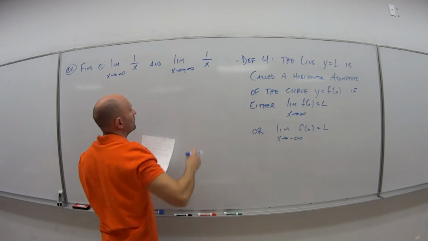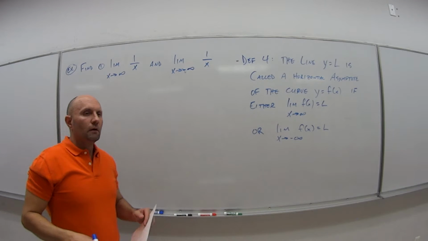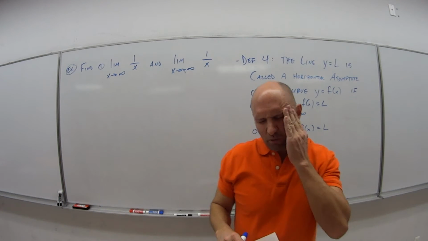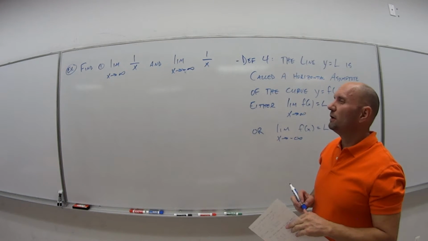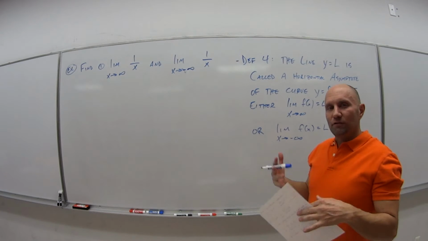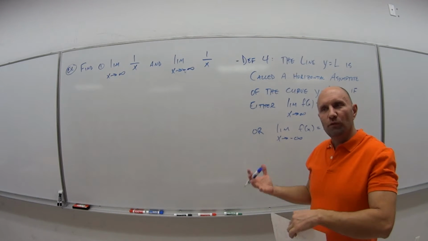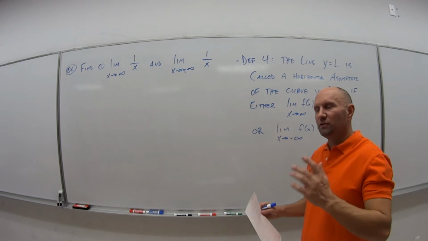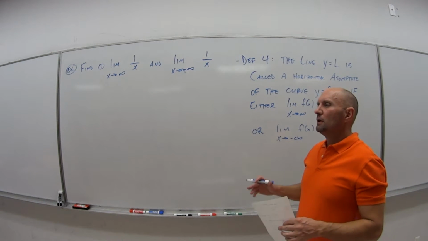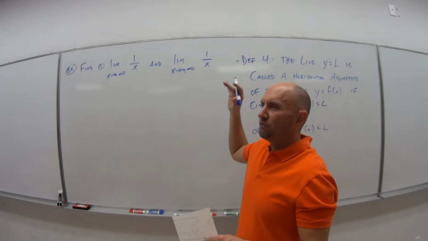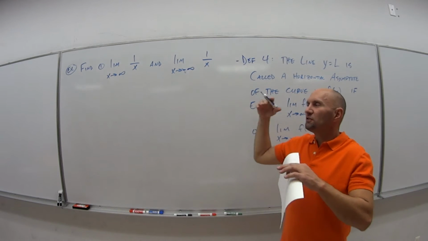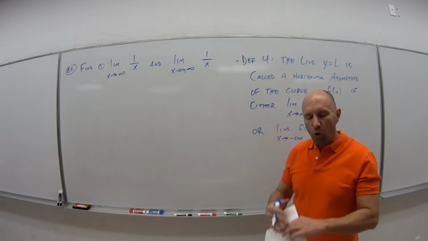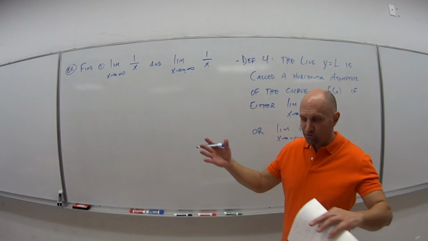I forget what section it was now, but I gave you guys the essential functions, and hopefully you wrote those down, sort of committed them to memory a little bit, or at least have your cheat sheet available. If you can graph the functions, it makes figuring out these limits a whole lot easier, because you can actually just look at the graph.